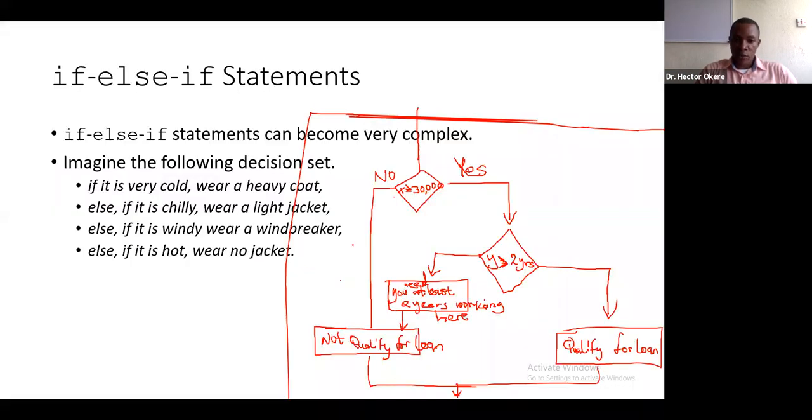So what are the variables you need? First, you want to know what is the X. X is the salary per year. Okay, it has to be greater than 30, right? And the next is Y. Y is the number of years you've worked with the company, right?